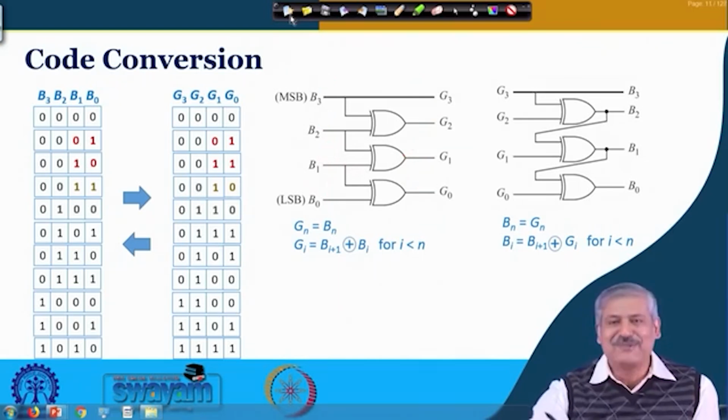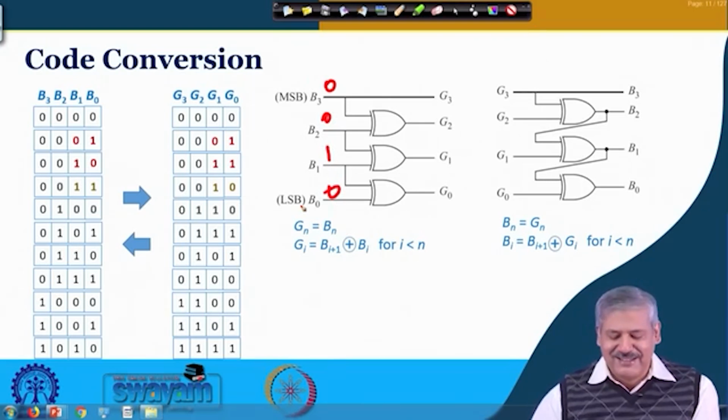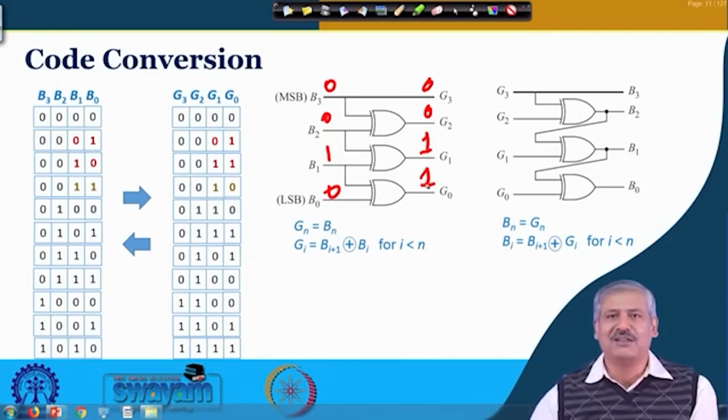Now comes the case where there is a difference. The binary code is 0 0 1 0. What is happening now? Shall we get 0 0 1 1? Let us see. 0 comes over directly as 0, 0 0 XORed is 0, 0 1 XORed is 1, and 1 0 XORed is 1. That way you can verify the rest of the numbers, and you will see that such a simple circuit will work as a code converter.